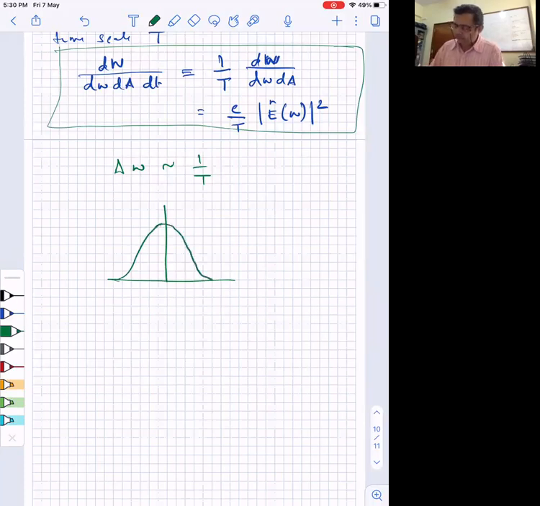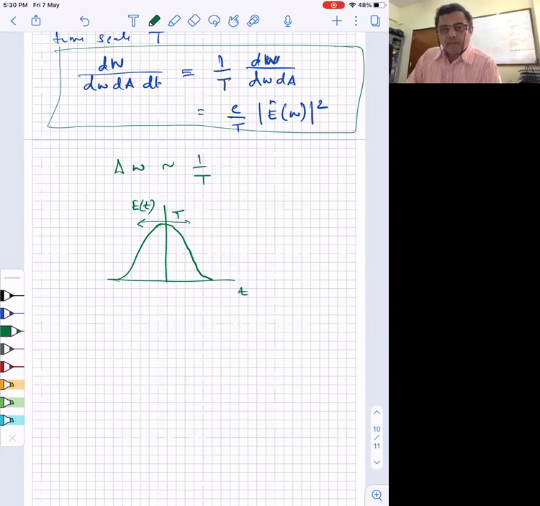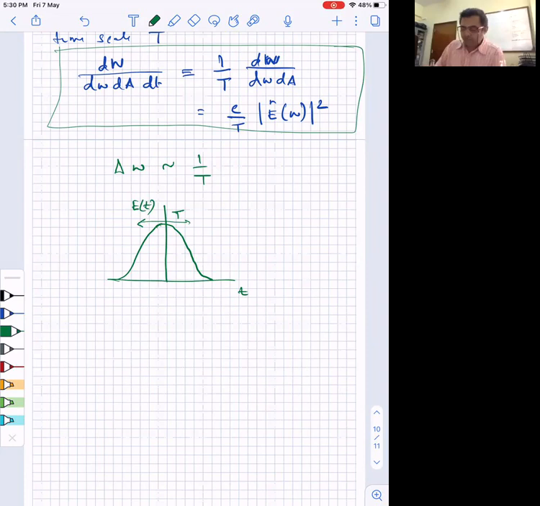Okay, so this is t, and this is E of t. I can think of the half width approximately as the average time in which I'm going to look at this. So I can think of this T over here. The delta t over here is basically the half width. Okay, the delta t is the capital T, which is the half width.